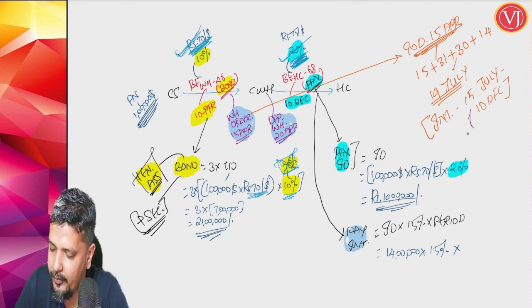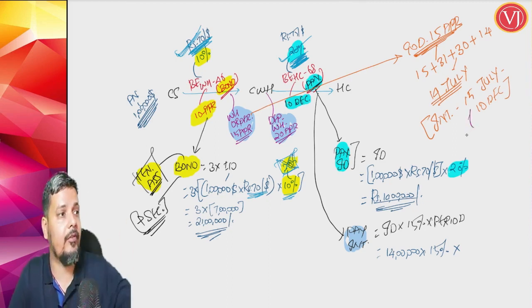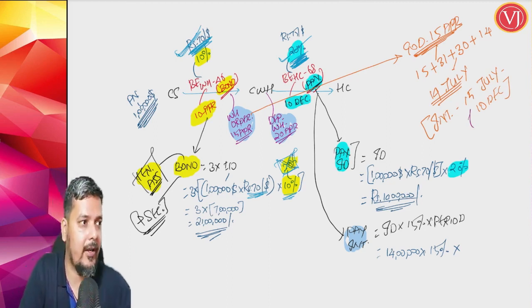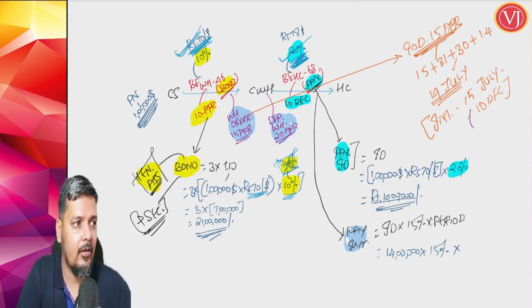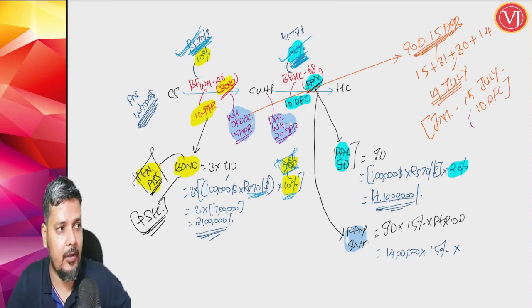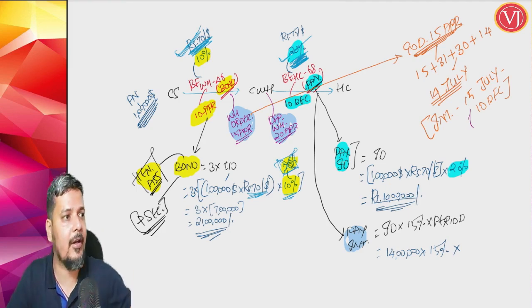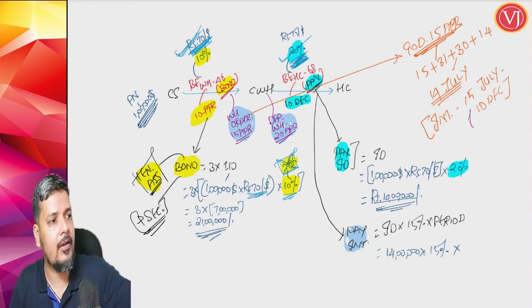15th July to 10th December. July will now have 17 days. We will count 15th July also, because the 90 days end on 14th July. Normally you don't count the first date, but in this case we have already ignored the first date. So you will count 15th also.